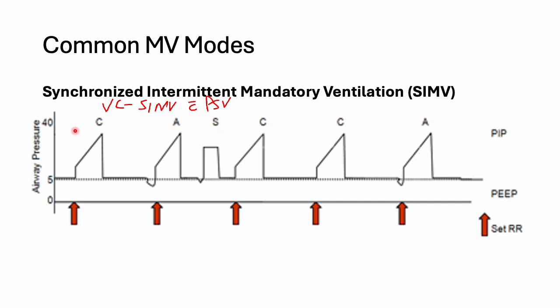This is the whole idea of SIMV. So we've covered spontaneous breathing modes, CPAP and pressure support, PSV. We've covered the controlled modes, pressure controlled ventilation and volume controlled ventilation. And now we've covered SIMV, which is a mixture of controlled modes and spontaneous mode.